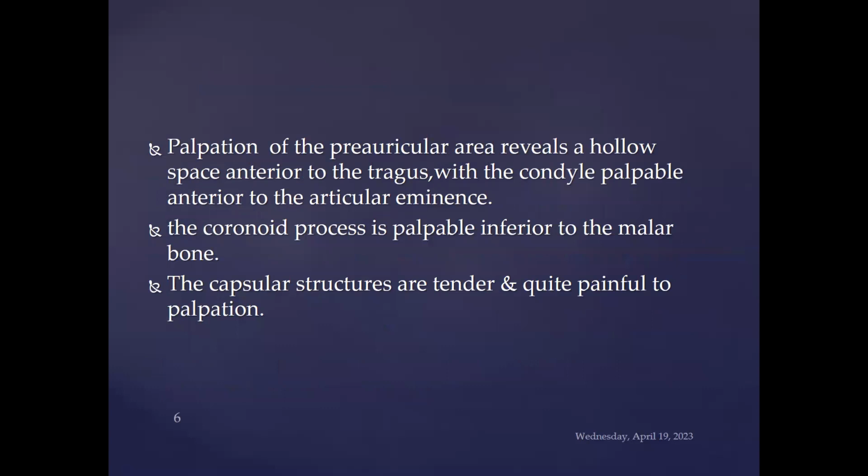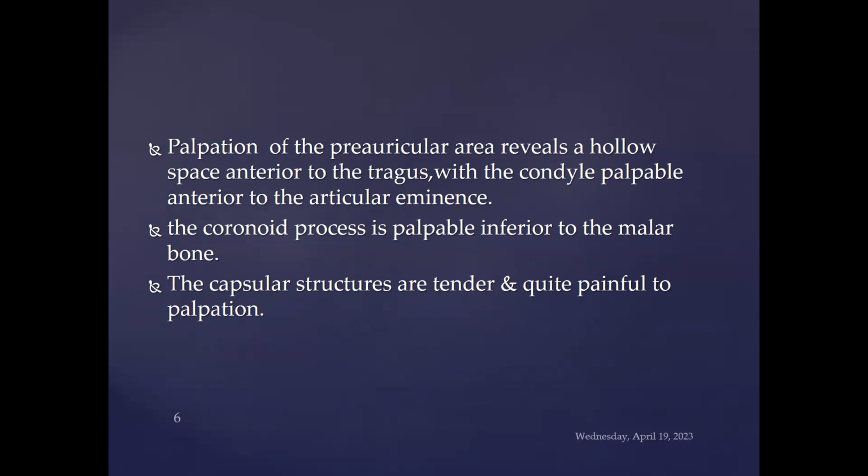Then you can always palpate the preauricular area, which reveals a hollow space anterior to the tragus, with the condyle palpable anterior to the articular eminence. It's the easiest way, because wherever the TMJ is, when you open or close the mouth and palpate, you can feel the condyle hitting your fingers. So you can appreciate the movement.